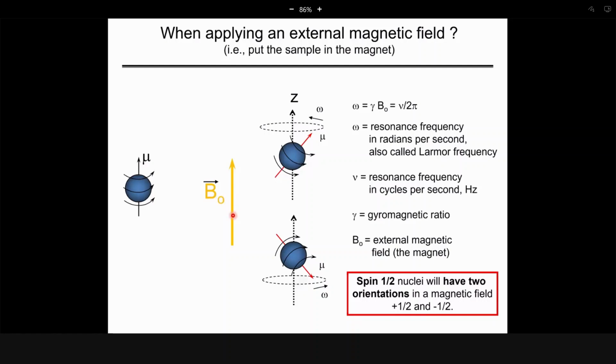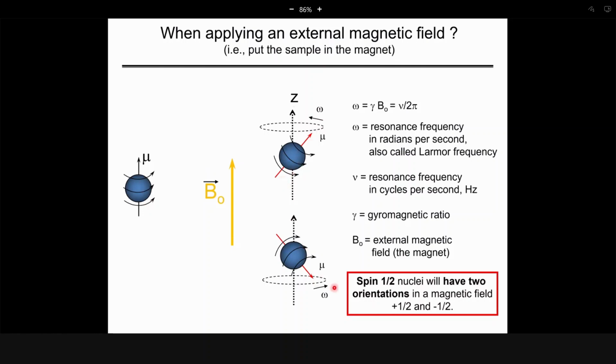So when you put your sample in the machine and start the experiment, you apply this first magnetic field, and then you reveal the magnetic properties of the atoms. They will behave like magnets, and depending on their characteristics, they will be split into two energy levels depending on the orientation of the magnetic moment.